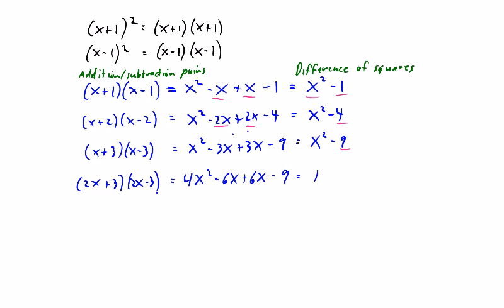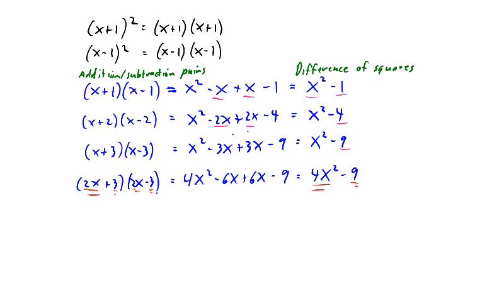So we end up with 4x squared minus 9. So in this case, the first square is the square of 2x, which was the first part of the first term of each factor. And the minus 9 is a perfect square of 3, which is the second term of each factor. So it works the same way.